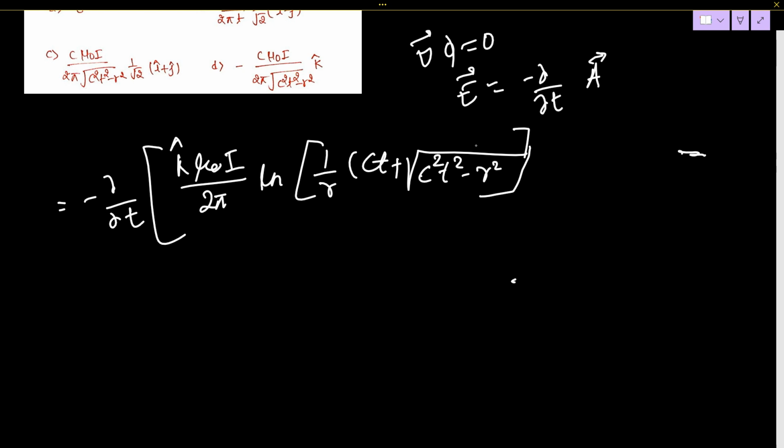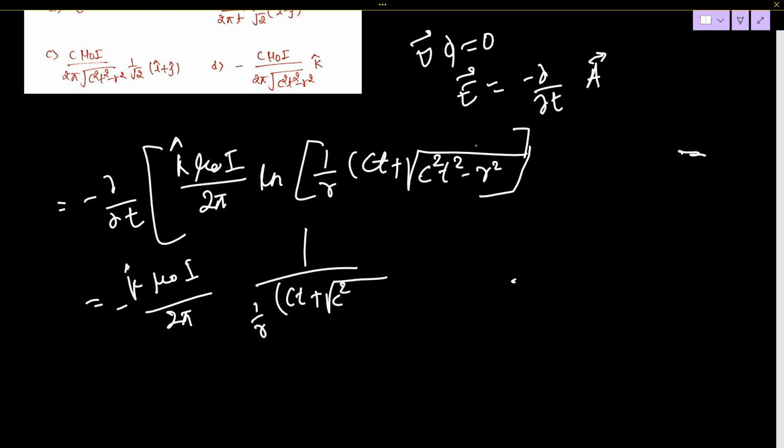I have to take k̂ μ₀I/2π out as common and take the derivative of the ln term. Taking the derivative, it will become 1/r over (ct + √(c²t² − r²)).